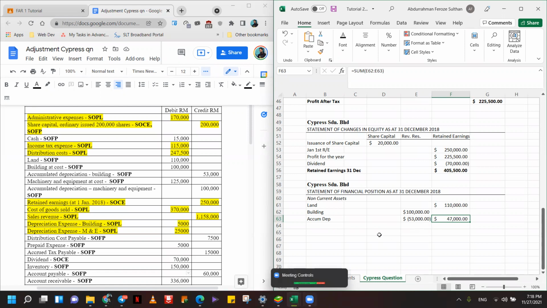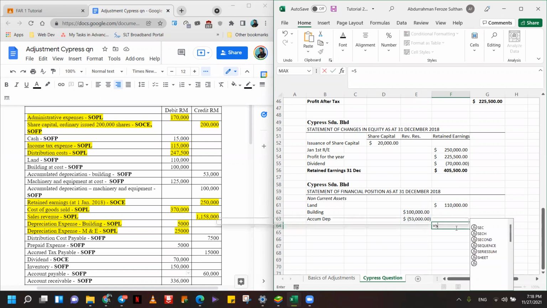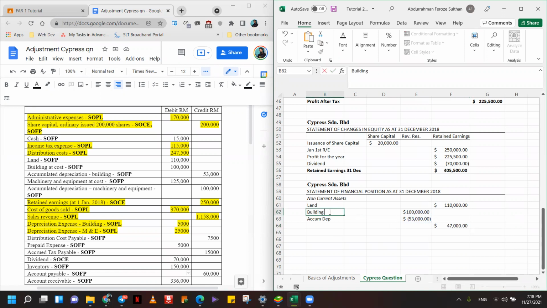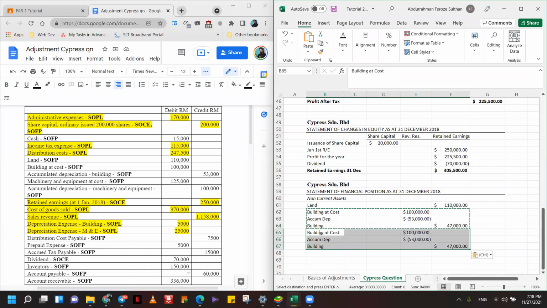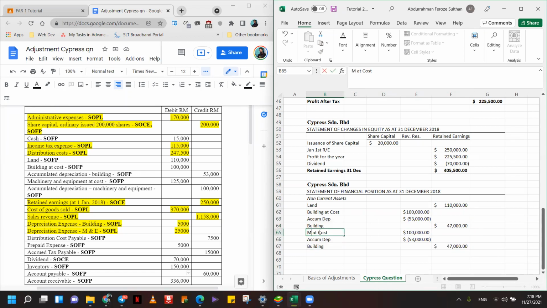Okay. Is this clear? How this was gotten? Yeah, it's clear. Better. This is more clear. The same thing, do it here for machinery and equipment.